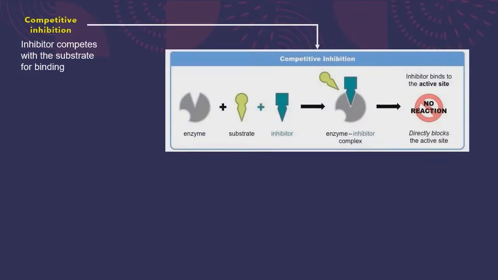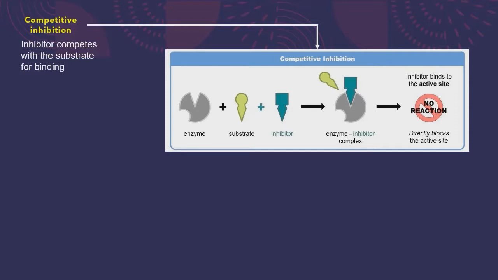For the competitive inhibition, this is where the inhibitor competes with the substrate for binding. So in the case of this illustration, we can see that the inhibitor has the same shape as our substrate. So when the inhibitor comes first to bind with our enzyme, this will create the enzyme and inhibitor complex. In this case, there is no reaction.